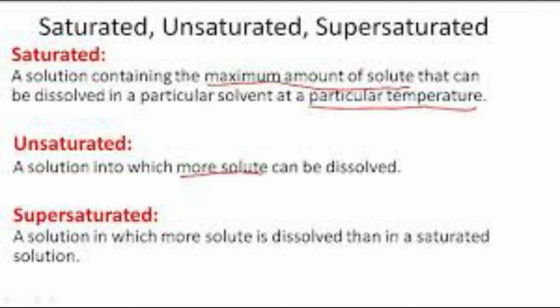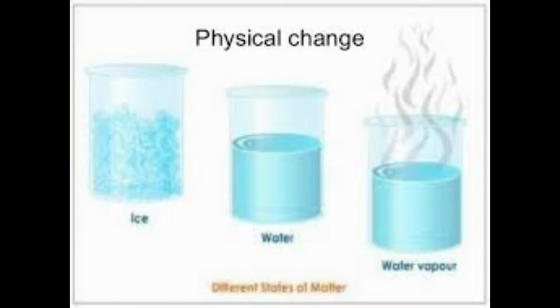Yes, now we are going to speak about saturated solutions and unsaturated solutions. A solution in which more quantity of solute can be dissolved without raising its temperature is called an unsaturated solution. Example, in an aqueous solution of salt, if more salt can be dissolved without raising its temperature, then the salt solution will be an unsaturated solution.